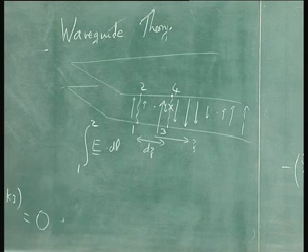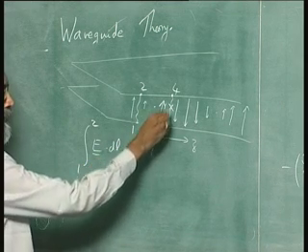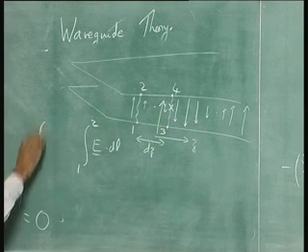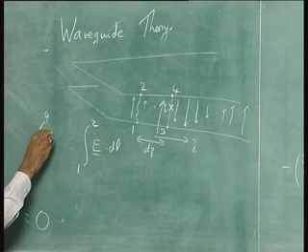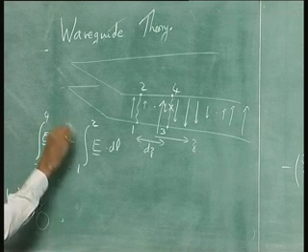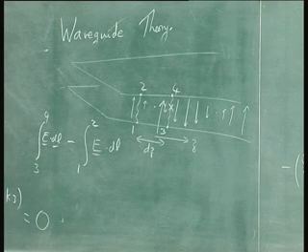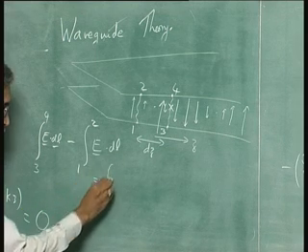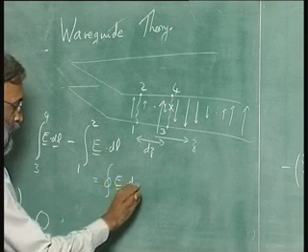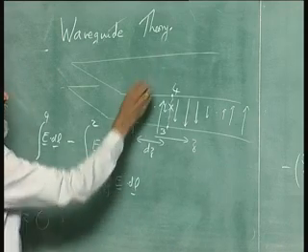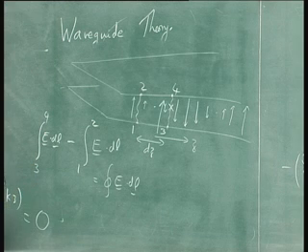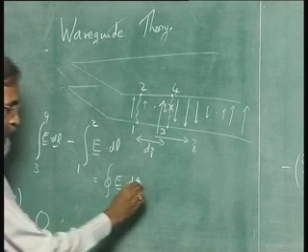So in that case, I can talk about the difference between E dot dl from 3 to 4 and E dot dl from 1 to 2. So I can do integral 3 to 4 E dot dl minus integral 1 to 2 E dot dl, which is nothing but loop integral E dot dl, because electric field is up. So these two sections do not do anything. Electric field is orthogonal to dl. What is that?